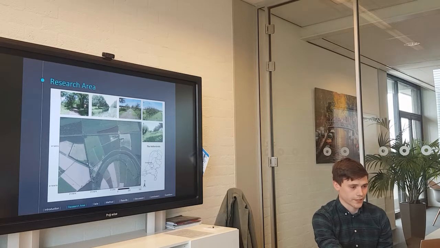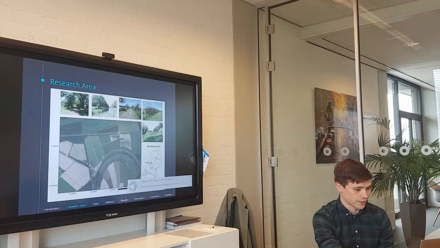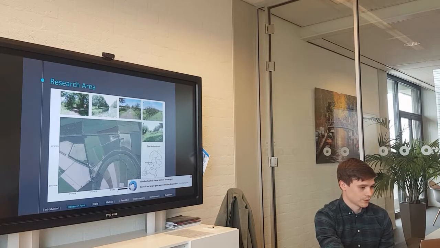So this was the area I chose. It's in Gelderland, in the center of the Netherlands, and as you can see, there are a lot of different tree lines and hedges and all that kind of stuff.